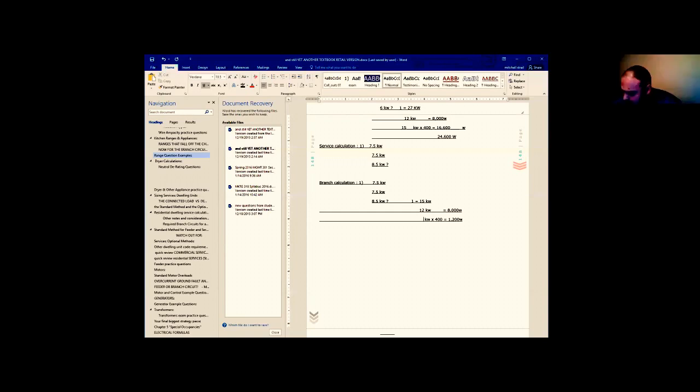Okay, and then the second one comes out to 24. I added up, so it's 24,000, right? Let's see, something went wrong here. So I got 7.5 twice, plus for that number, I got 8.5, which gives me 23.5, right?